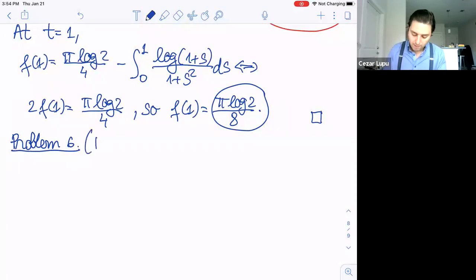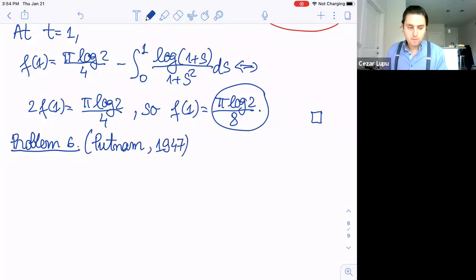Again, this was an old Putnam problem in 1947, so right after the war, which says the following.